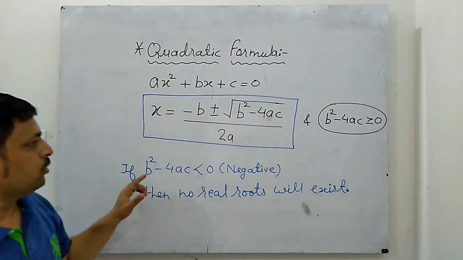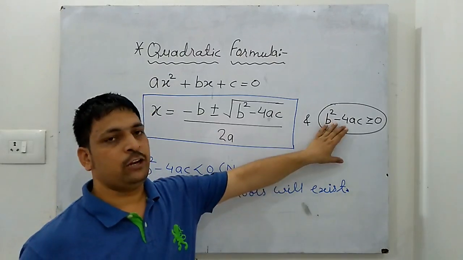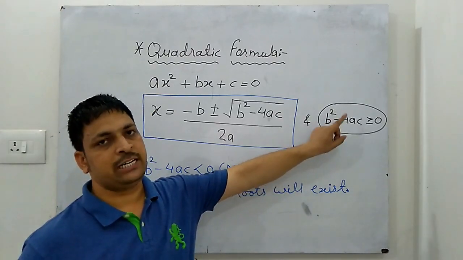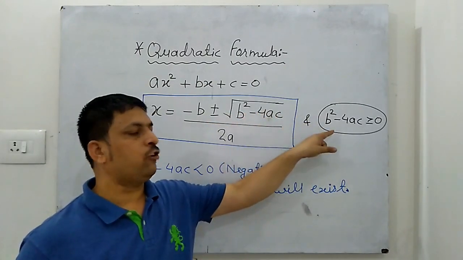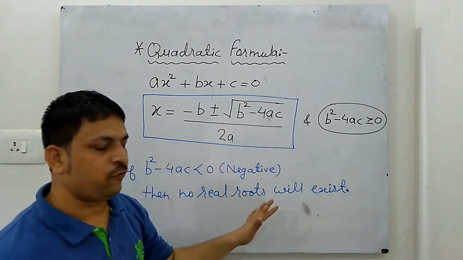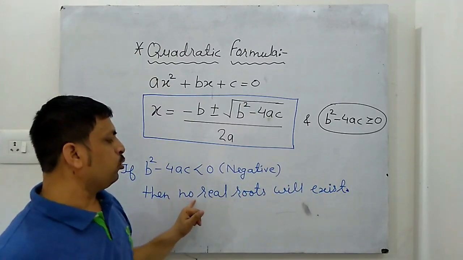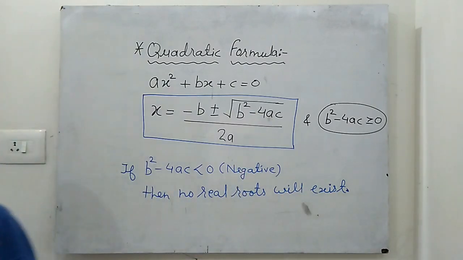Clear? So first we will check the value of b square minus 4ac. If it is positive or 0, then we can apply this formula. If it is negative, we cannot apply the formula. We will write: no real roots will exist. Is it clear? This is the quadratic formula.